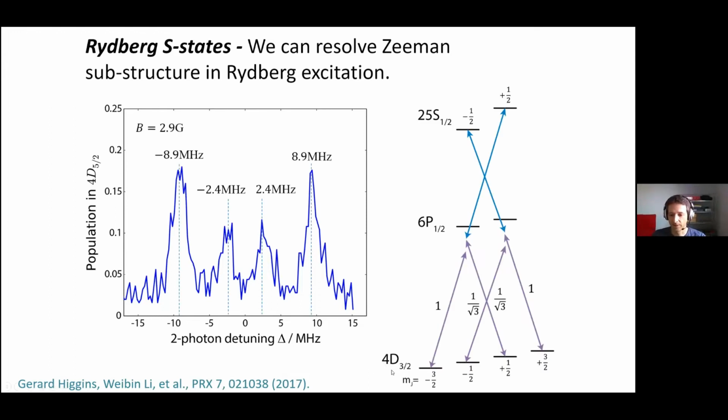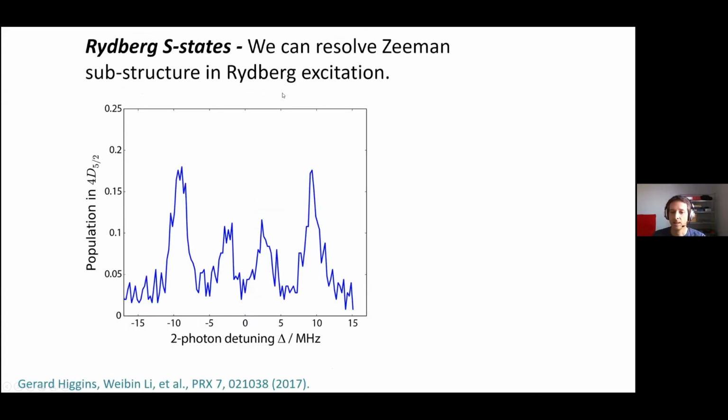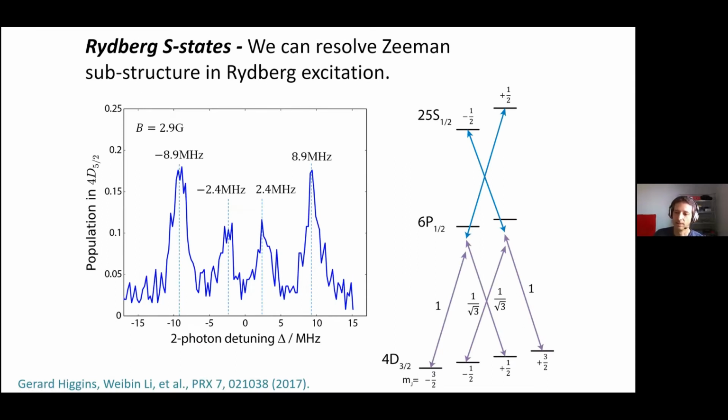Starting in this case from the 4d3/2 state, sorry for that, you can also start from 4d3/2, go via 6p1/2 to NS states. If you do that, what you can then see is the spectroscopy of individual Zeeman levels. And since you start in an equal superposition of all individual Zeeman levels, you have 4 different possibilities to go to Rydberg states, and you can see the Zeeman splitting in these levels, and it's consistent with the magnetic field of 2.9 Gauss that we have in our system.